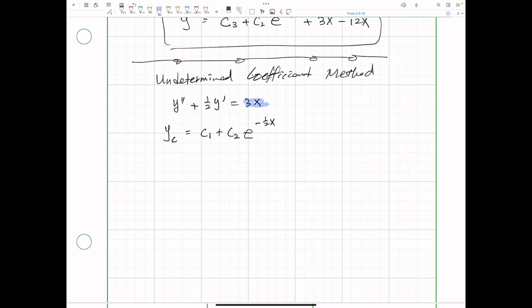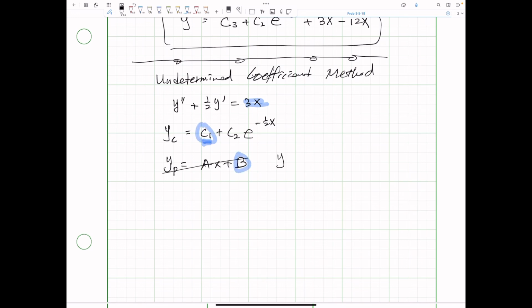Based on the right-hand side, we would let yp equals ax plus b. However, we cannot do that because there is overlapping. There are two constant terms. So we cannot do this.